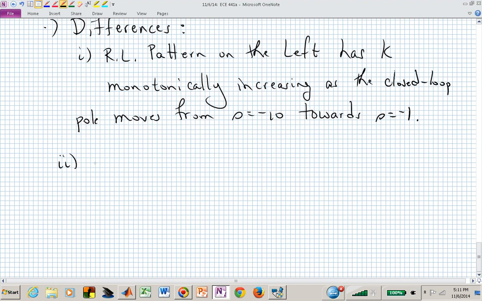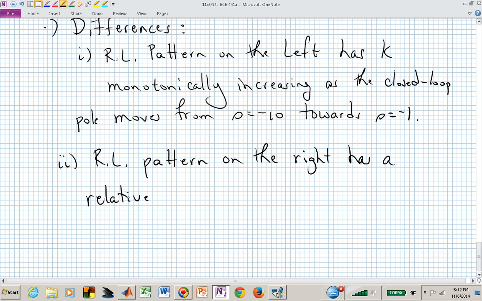The pattern on the right has a slightly different behavior relative to how k varies between minus 10 and s equal minus 1. The root locus pattern on the right, if you think about it, has a relative minimum as you enter the real axis.